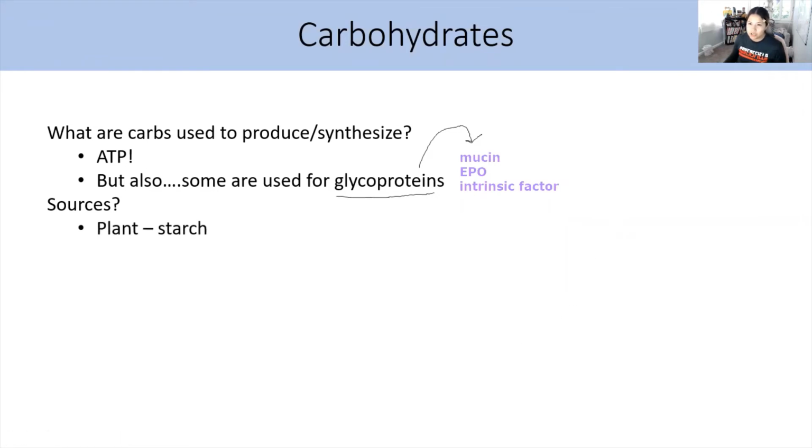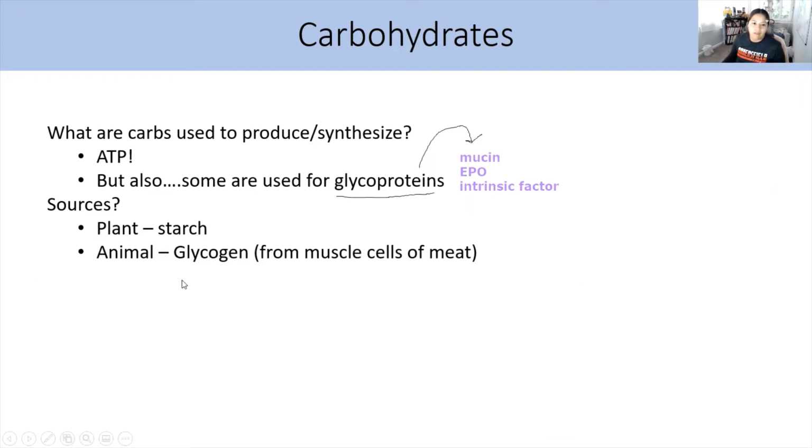So we get a lot of our starchy carbohydrates from plant sources, like our breads and pastas, things like that. We also get carbs from animals. So the meat that we eat has muscle cells. That's what we're eating, the muscle. And those muscle cells have glycogen, because remember our muscles store glucose in the form of glycogen, our muscles and our liver.